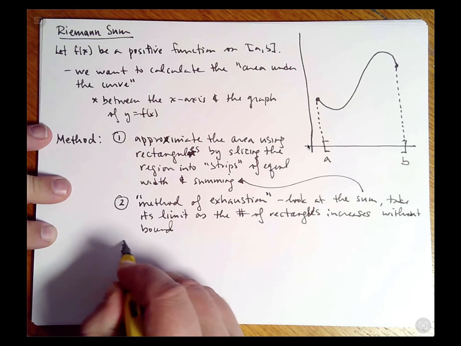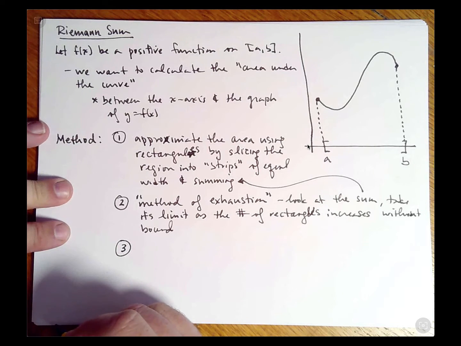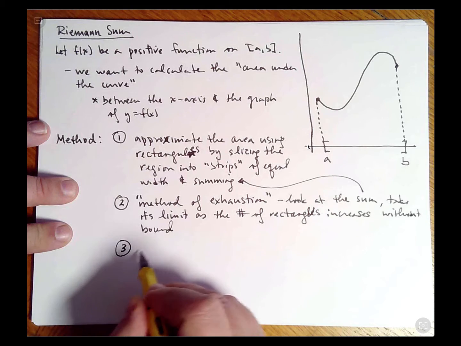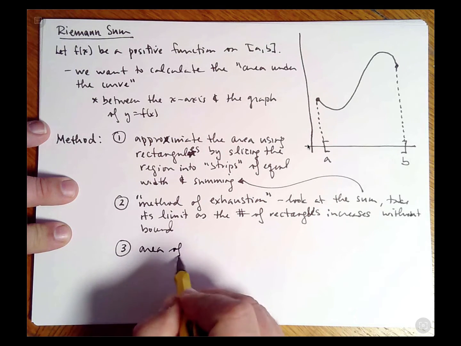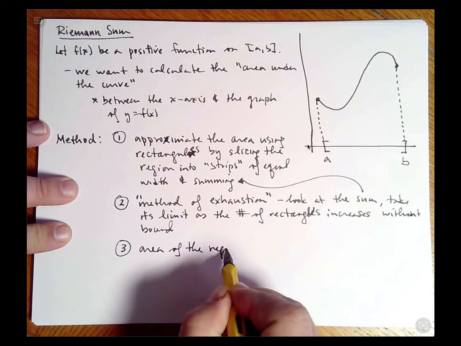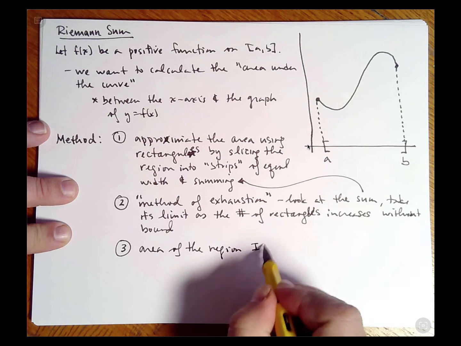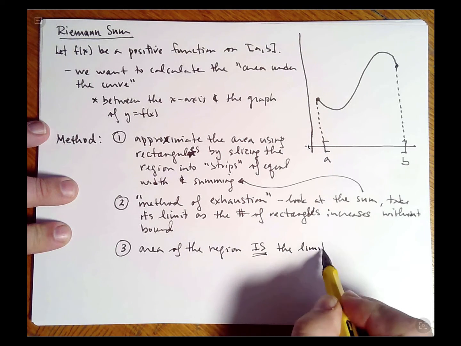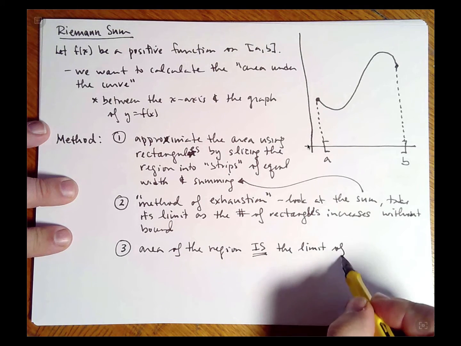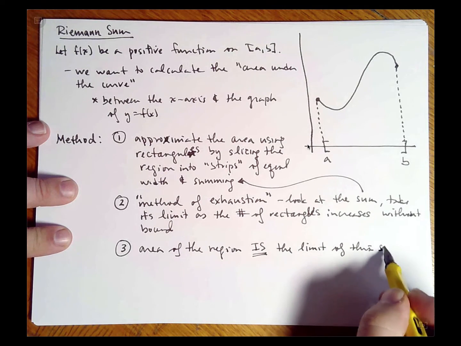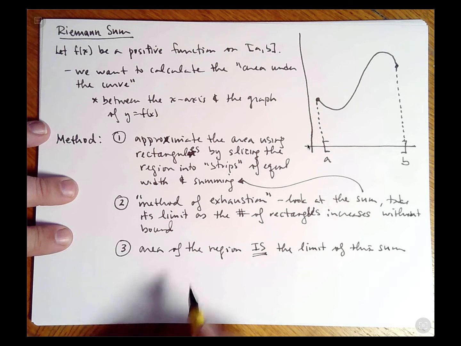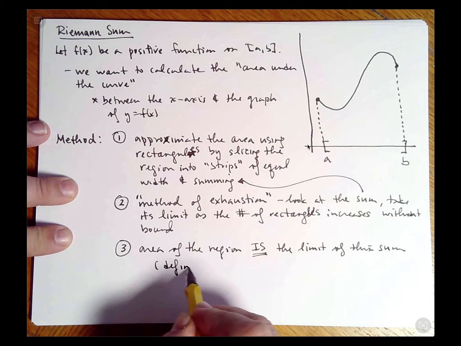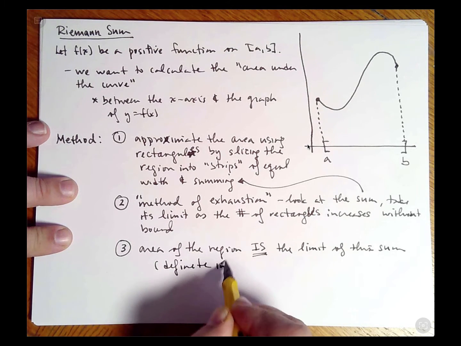And in fact, that's the end. That's the result of this method, is that the area of the region equals the limit of this sum. Okay, and that leads us to an idea of what we call the definite integral.